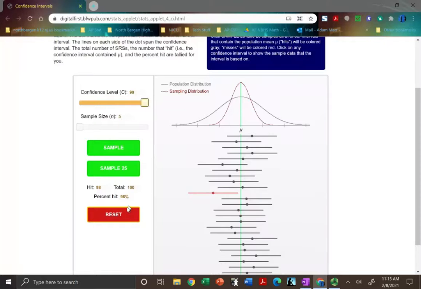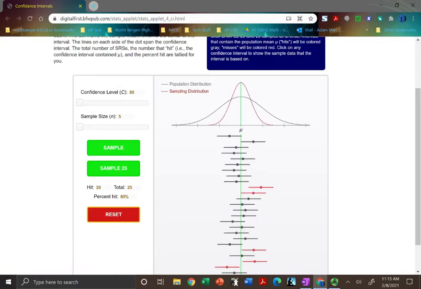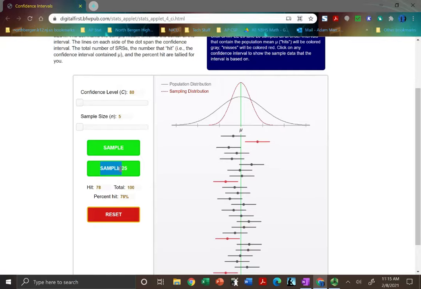All right, so now we're going to reset, and we're going to go 80%. So this is going to make the intervals much more narrow because we're less confident right here. Okay. And we're going to do this 100 times. There we go.